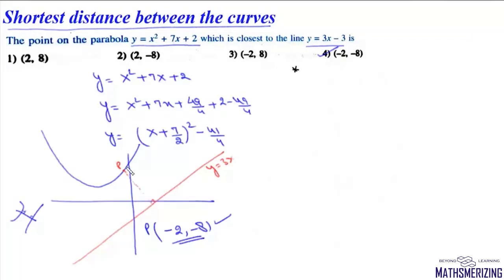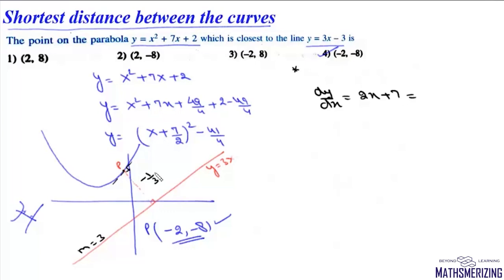So this line of shortest distance will occur along a common normal. Now this shortest line will be perpendicular to this given line. So its slope will be minus 1 by 3. So we need a point on this parabola whose slope of normal is minus 1 by 3. So we'll differentiate this parabola. If we differentiate, we'll get dy by dx as 2x plus 7.